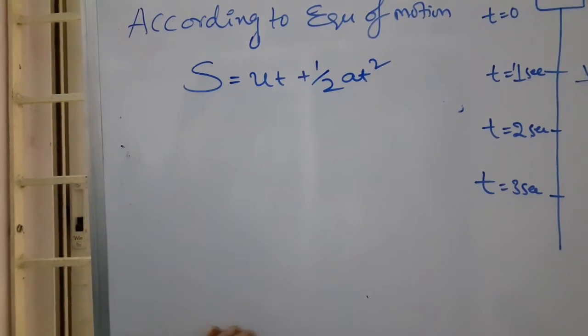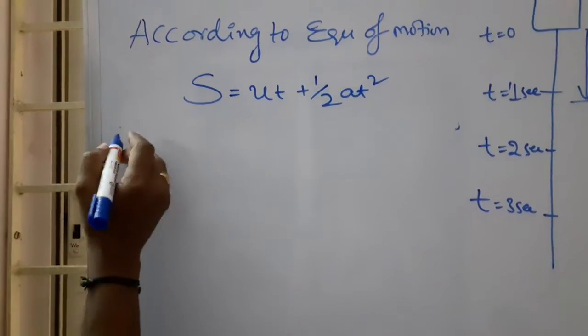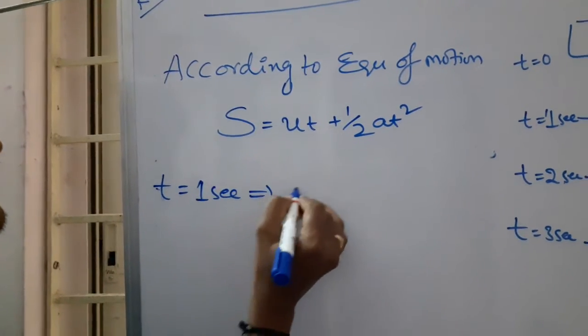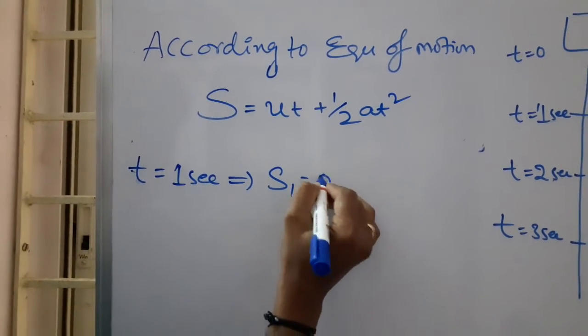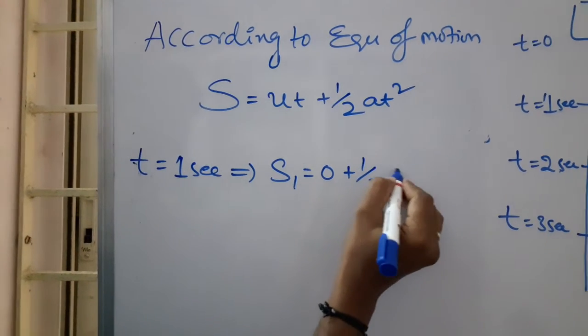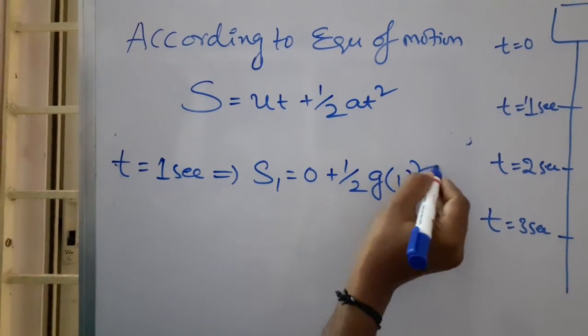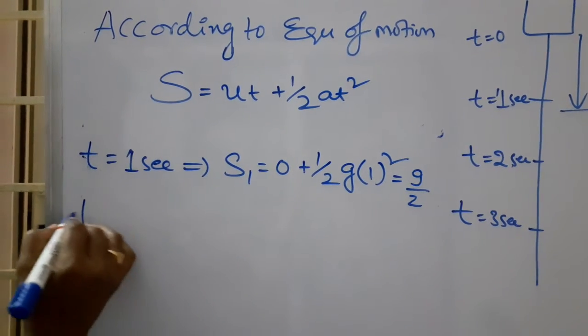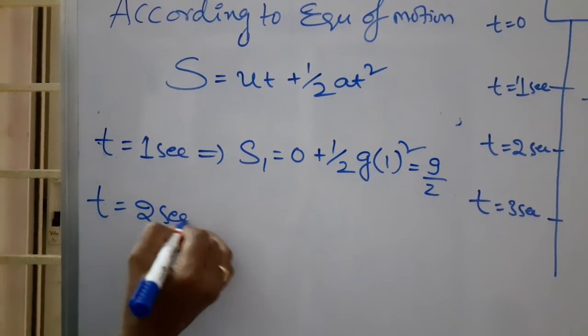So what is the t value? 1 second. Therefore S1 is equal to 0 plus 1 by 2 g into 1 square, that is g by 2.